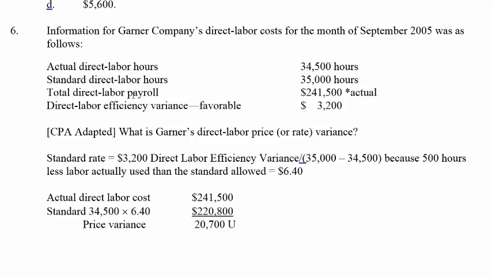Our total direct labor payroll incurred was 241,500. That's the actual amount of total direct labor payroll.